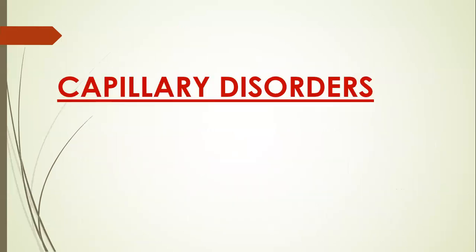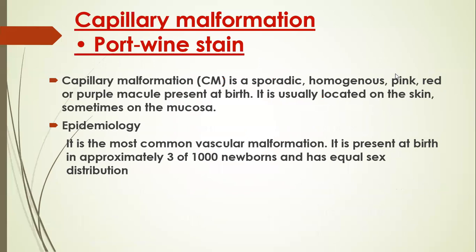We start with individual disorders of vascular malformation, and the first will be the capillary disorders. The most common capillary malformation which we encounter is a port wine stain. It's a capillary malformation, sporadic, homogeneous, pink, red, or purple macules which are present at birth.